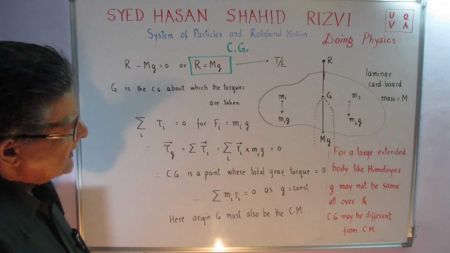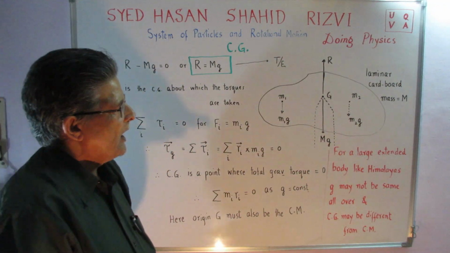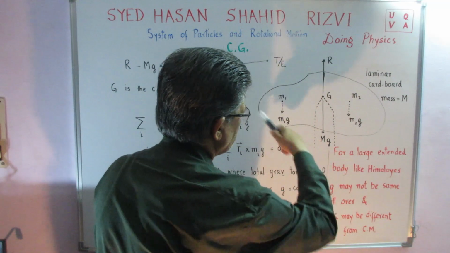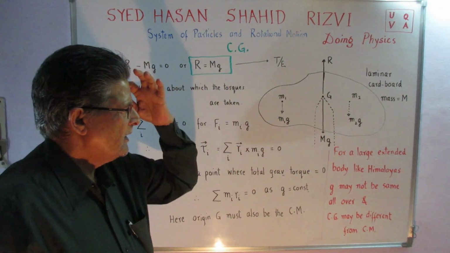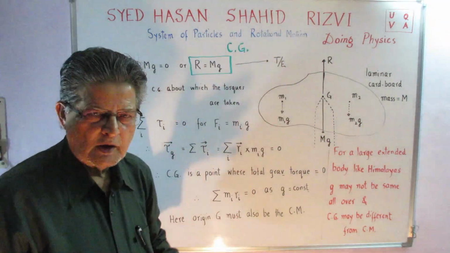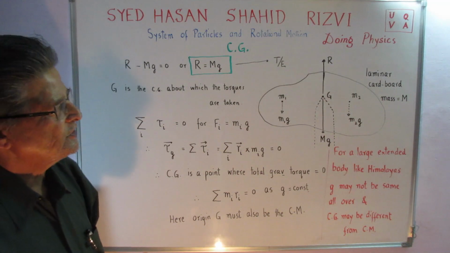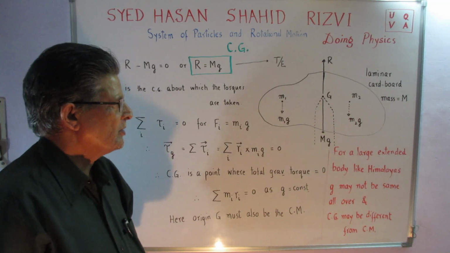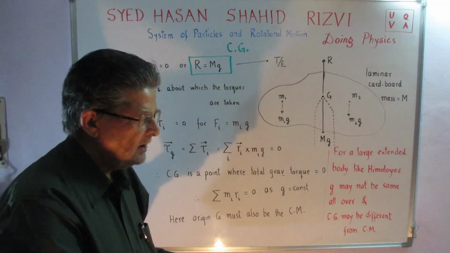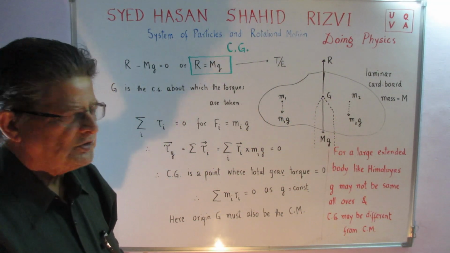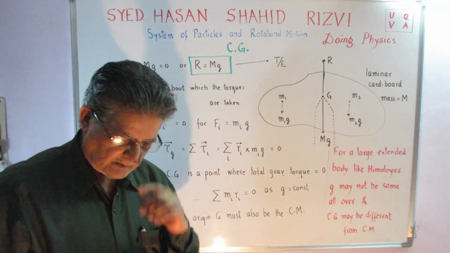Now, consider the point at which the balance has occurred, of a body constituted by many masses distributed over the laminar cardboard. We consider that the laminar cardboard is of the same thickness and is made of the same material, so it is homogeneous, and homogeneous means it has the same density everywhere.